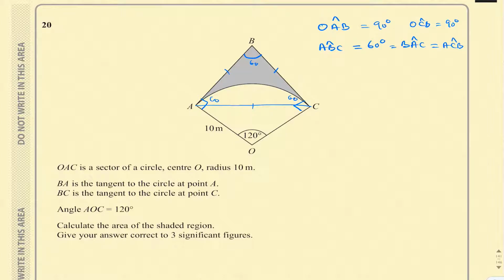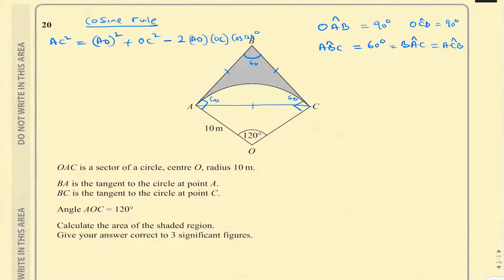So AC is equal to AO squared plus OC squared minus 2 AO OC cos 120 degrees. So I'm using the cosine rule here.